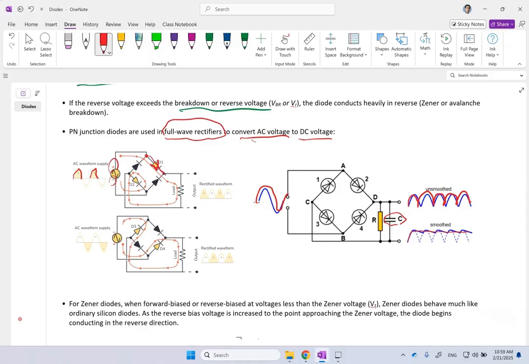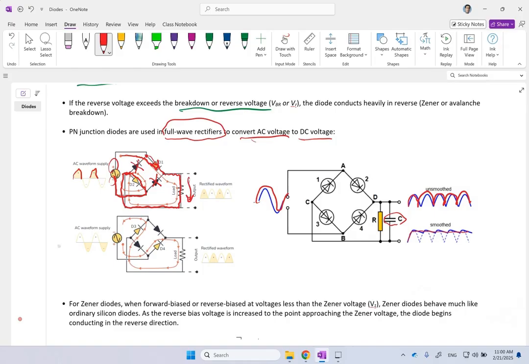It comes here. This one is blocked. That one is blocked. So it has to go like this, through that load, comes back, comes here. When it reaches here, again, this branch is a dead end, so it has to go through here. And then it goes like that. That is the path that you can see. And if you look at the direction of the voltage through the load, it is from top to bottom like that.